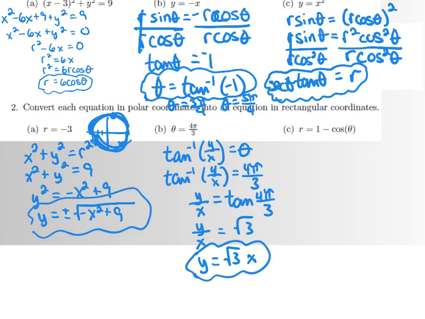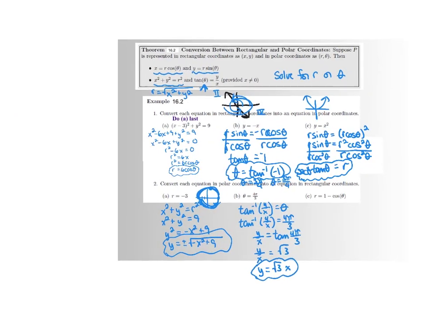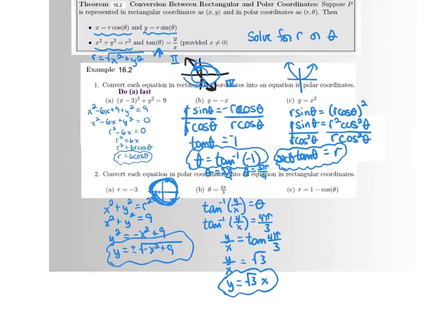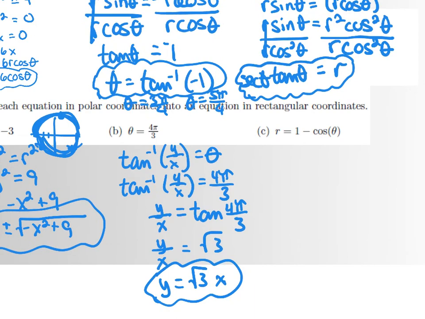Okay, last one. This last one's a little gross. I'm going to absolve us from actually finishing this problem. I want to swap out for x and y. So what if we multiply this whole thing by r? So we have r squared equals r minus r cosine theta.